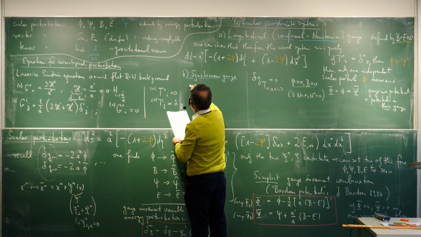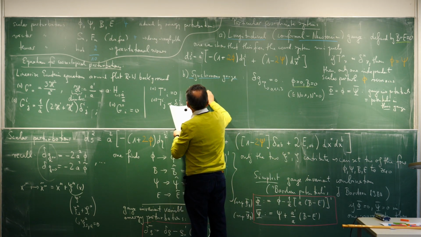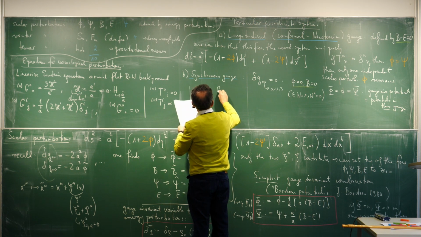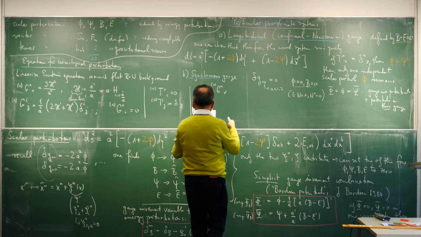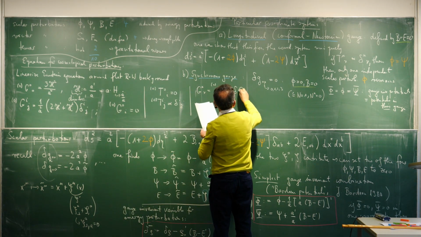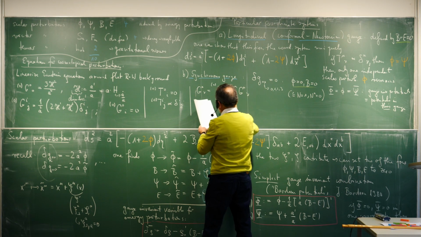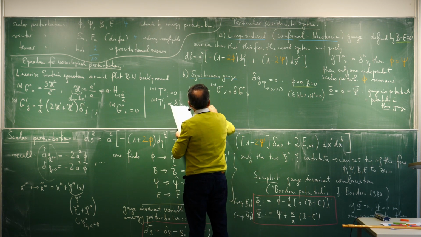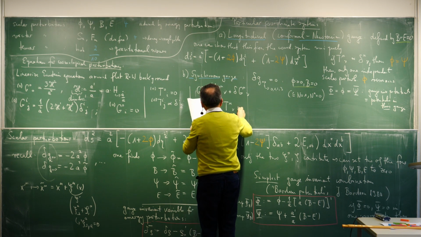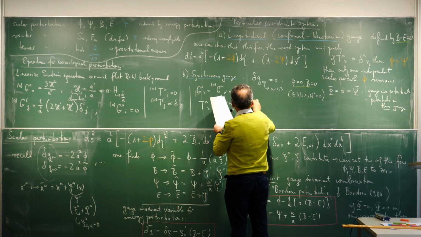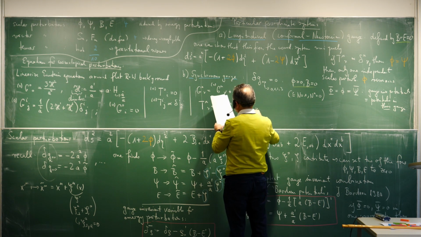Then you write g mu nu as the background g mu nu, which is the collection of these three equations, plus delta g mu nu, and also T mu nu is the background plus delta T mu nu.